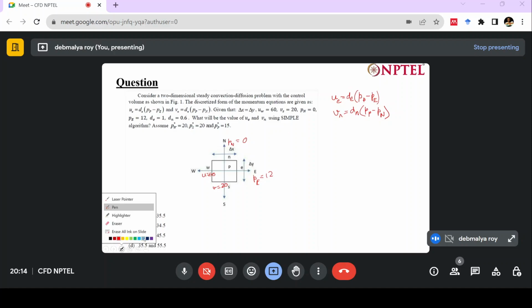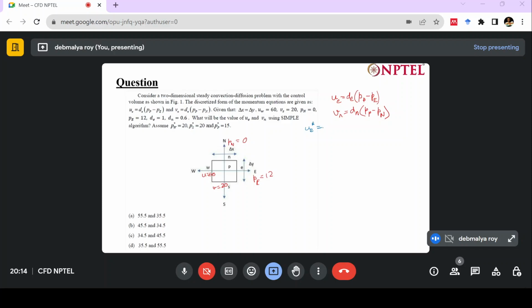If we use this, we will have UE star as, De is given as 1. PP star is 15 minus PE, and PE is given as 12. So we will use that, and PP star is 15.